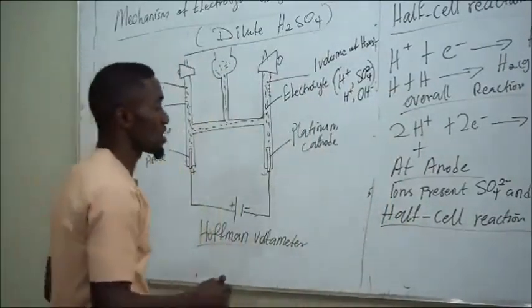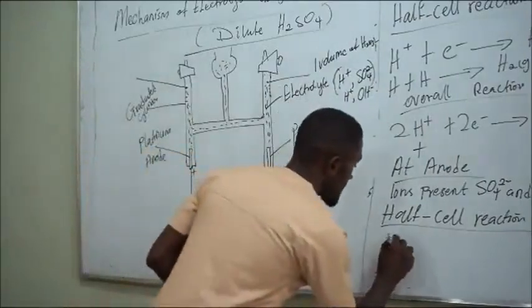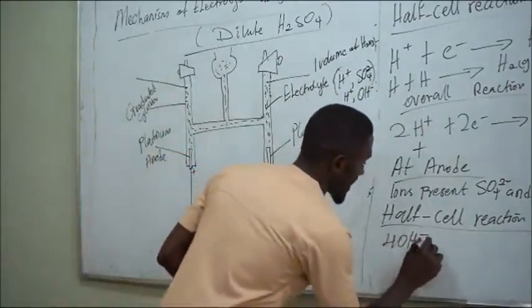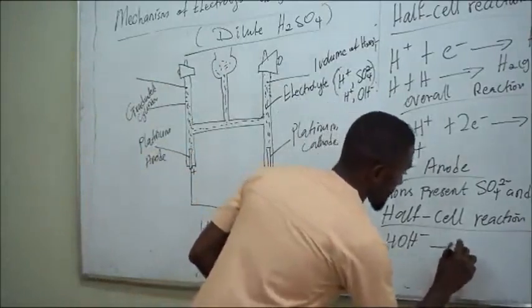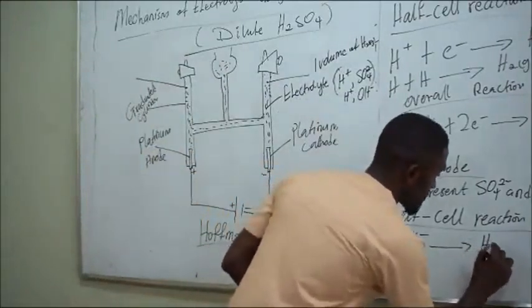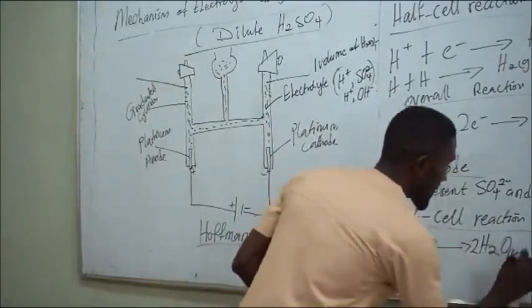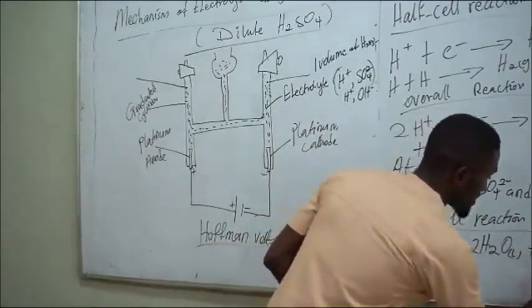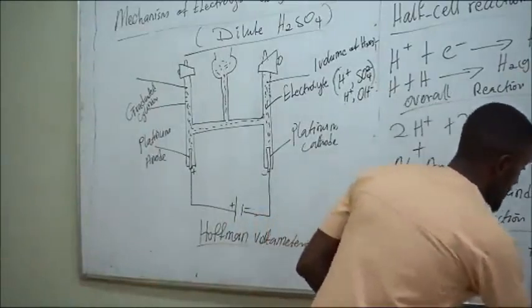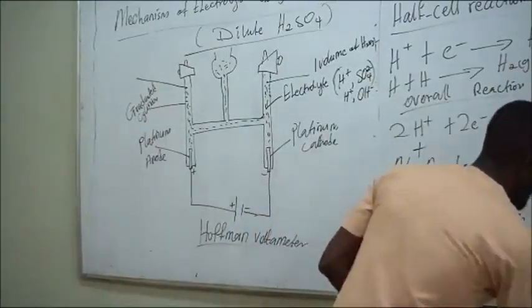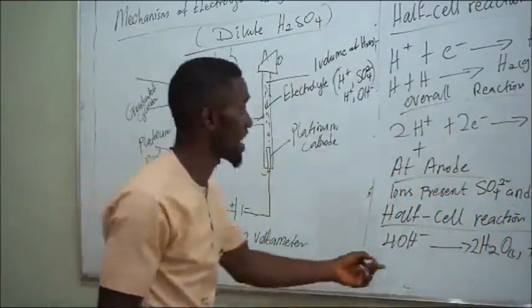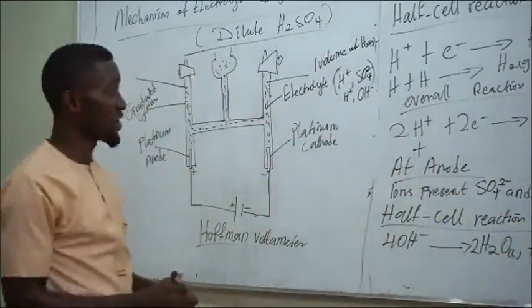Then the half-cell reaction is 4 molecules of hydroxyl ion leading to production of 2 molecules of water plus oxygen, then plus 4 electrons. So this is the overall reaction that occurs at the anode.